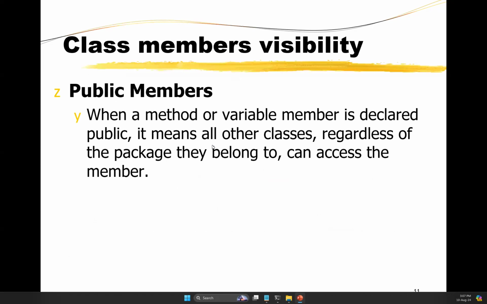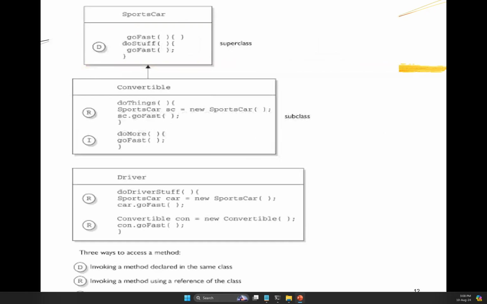Right. Then we have the public members. Public member means when a method or variable is declared as public, all other classes, regardless of the package they belong to, can access the member. Here you can see this is a SportsCar, which is a superclass, and Convertible is a subclass, and Driver is a separate class.